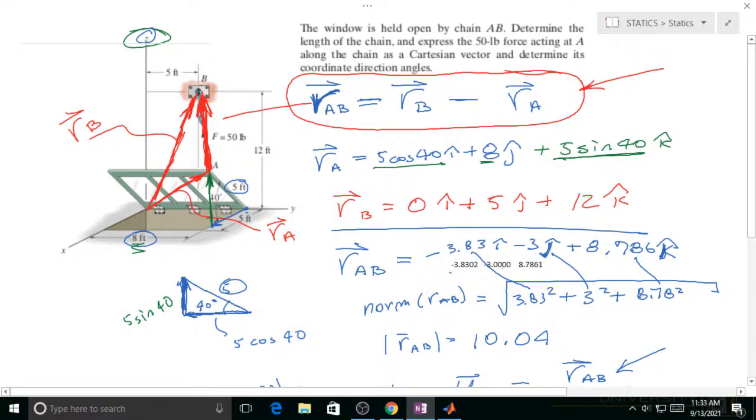If somebody is going to give you the coordinates of both ends somehow, the key is, how do you maneuver them? Well, you can just draw a vector from the origin to the one spot, and then a vector from the origin to the other spot, and subtract them. It's that simple.